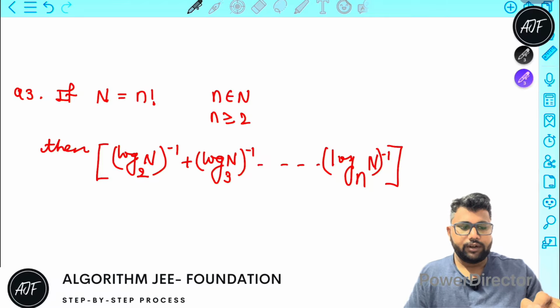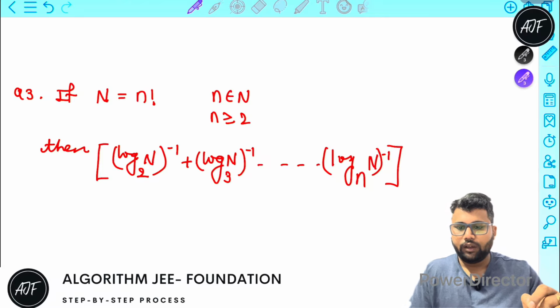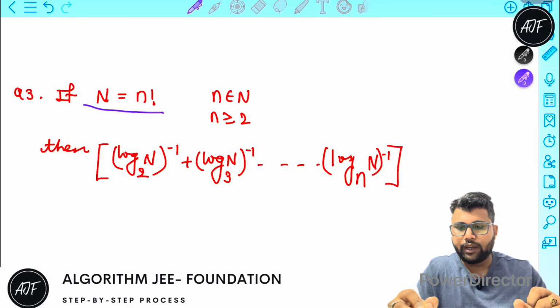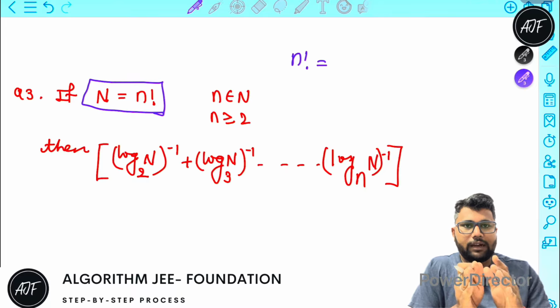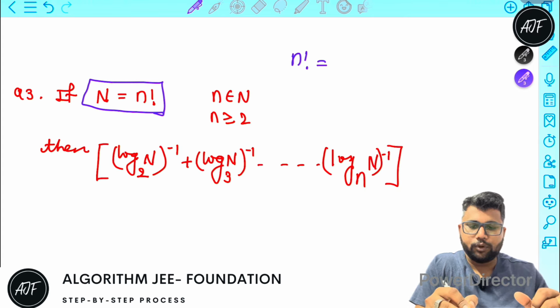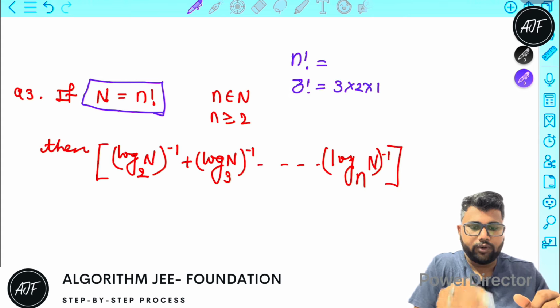Next question we will discuss. It is given m is equal to n factorial. Factorial means, if you don't know, suppose 3 factorial is given. 3 factorial means 3 into 2 into 1. Suppose 5 factorial is given, 5 factorial means 5 into 4 into 3 into 2 into 1.